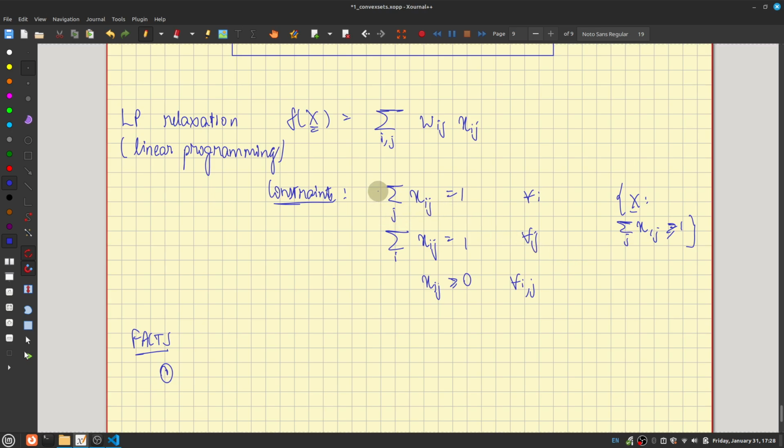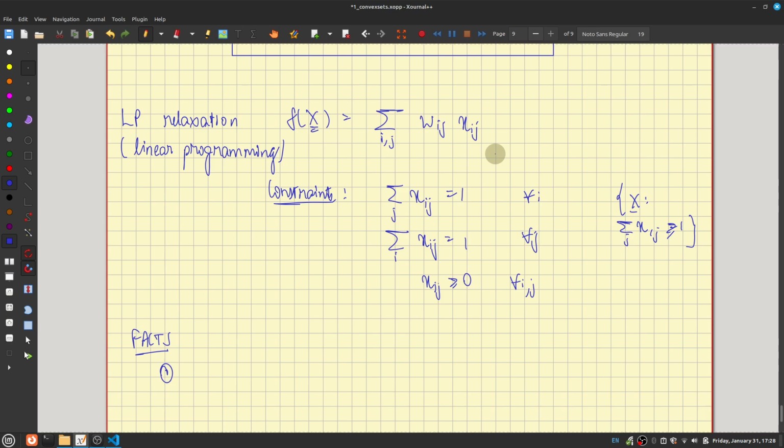So the constraint set is obtained by imposing each of these linear constraints, correct? So basically the constraint set is the intersection of each of these constraint sets, correct? That's what it is. What does that define? What kind of an object is it?